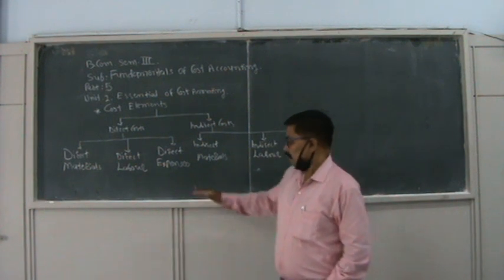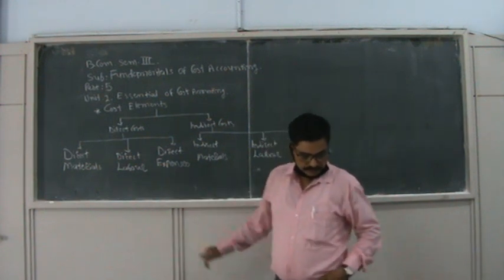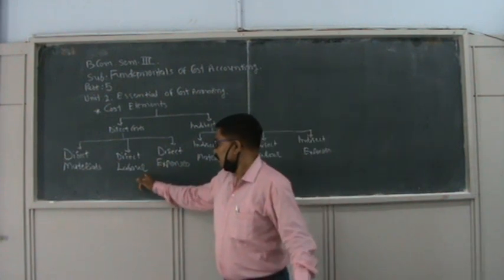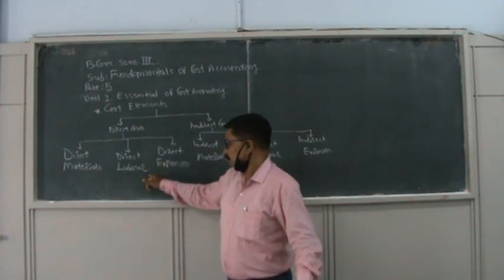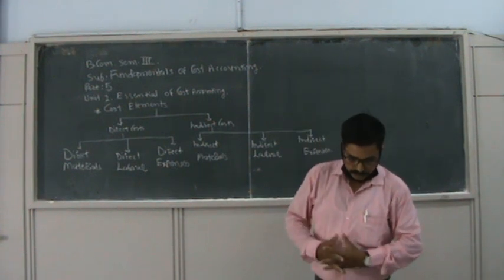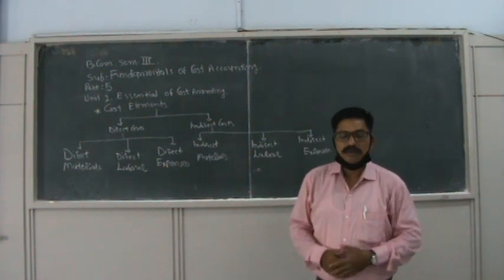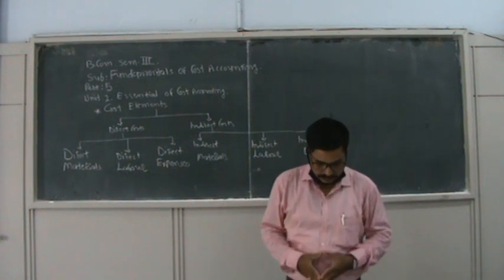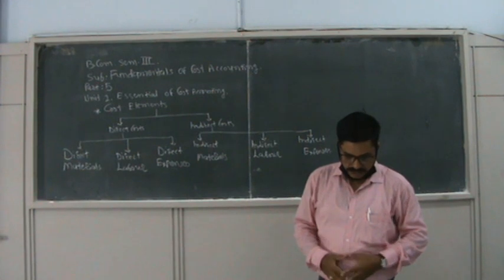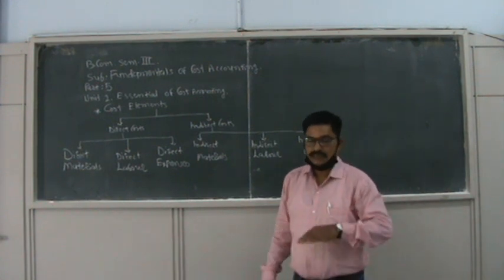Now direct labor, the same way as direct materials, another content of direct cost. Labor is the cost of remuneration in the form of wages, salaries, commissions, bonus, etc., of the employees of an undertaking.